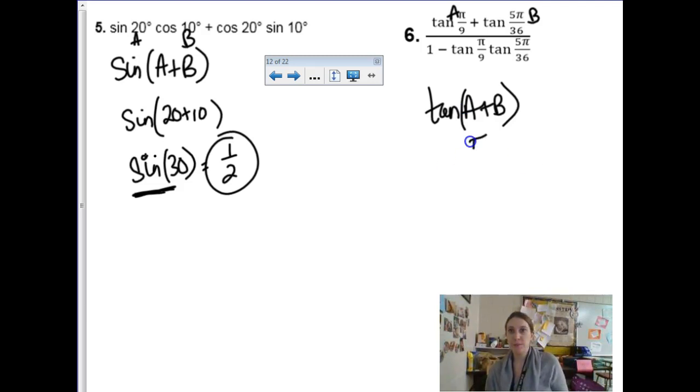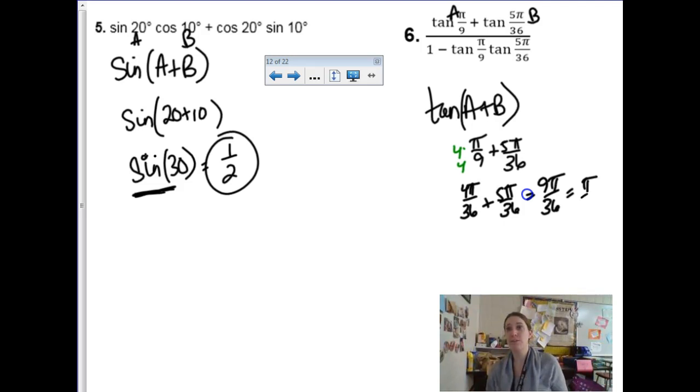So for us, that'd be pi over 9 plus 5 pi over 36. And if I were to get common denominators, I'd have to hit this guy by 4 over 4. So this is 4 pi over 36 plus 5 pi over 36, which is 9 pi over 36, which is pi over 4, 400 years later. So what we're really evaluating is the tangent at pi over 4, which is like my favorite tangent. That's a 1.